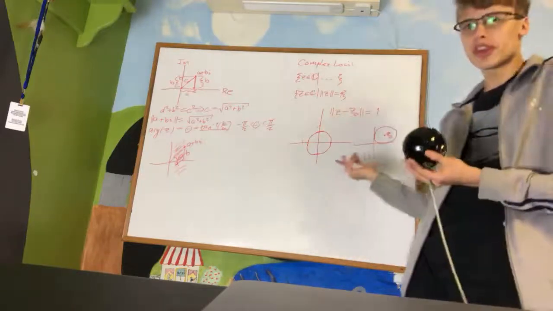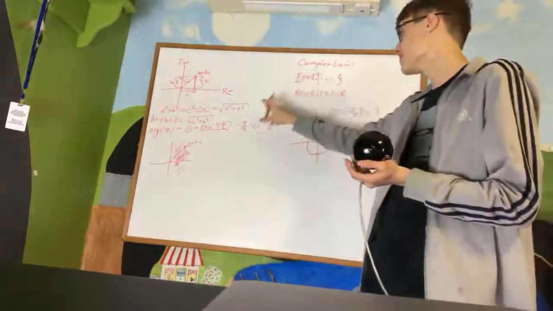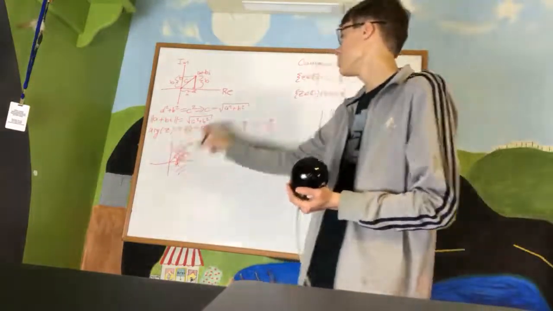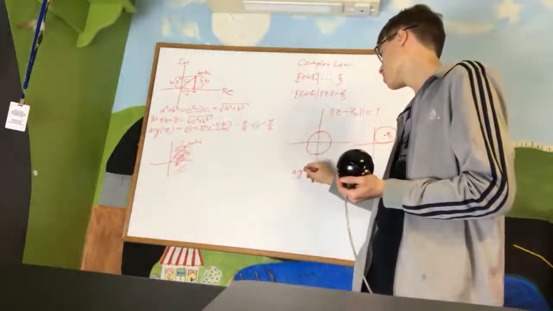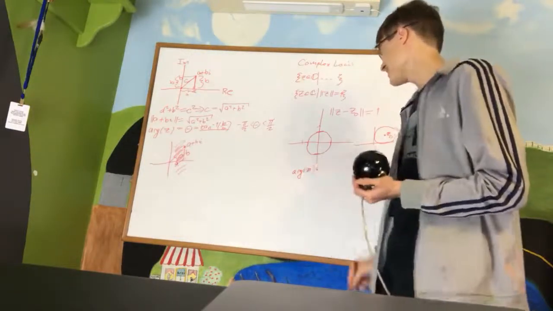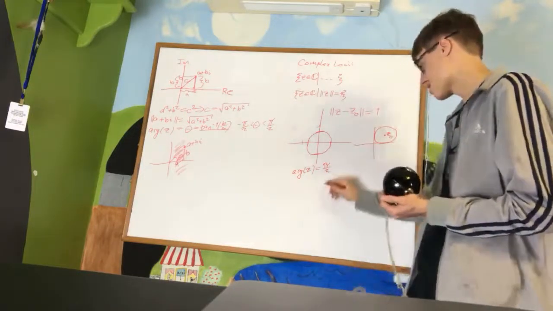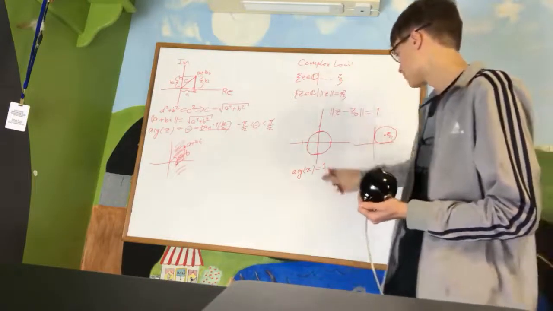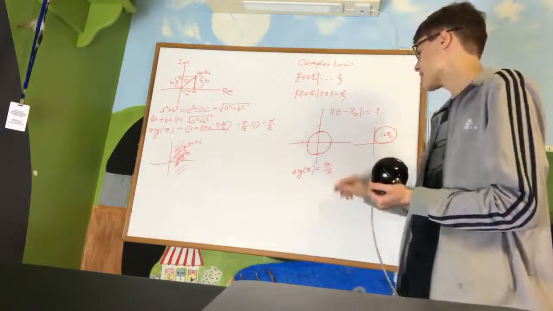And now the other thing we can do is take the locus of points setting their argument, their angle, to a constant. So if I have the argument of z equal to, say, pi over 4, what would I get?